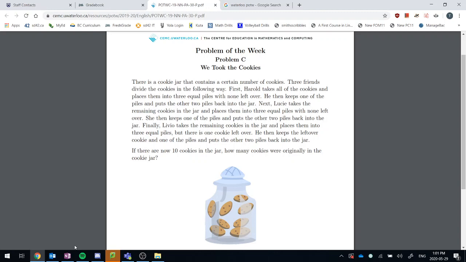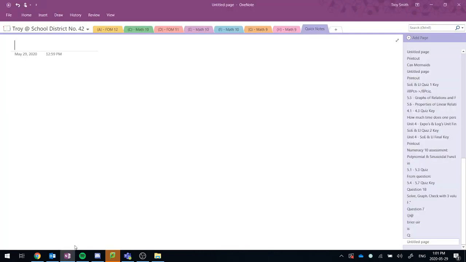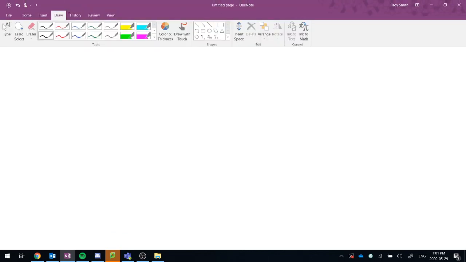Okay, so let's take a look. The idea here is that we're going to have to work backwards in order to solve it. So we know that we ended up with 10 cookies. And those 10 cookies came from having 3 equal piles and then 1 left over.